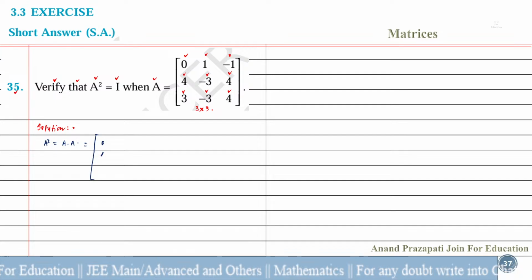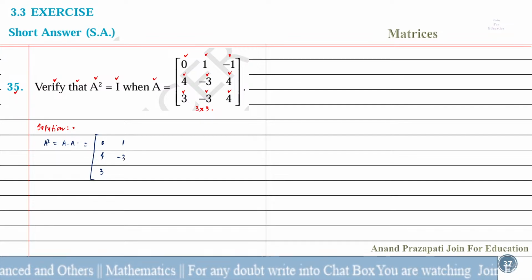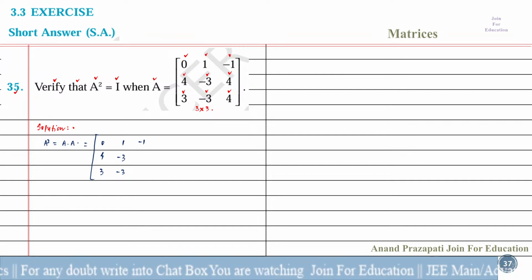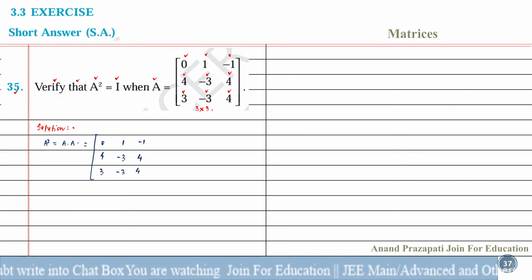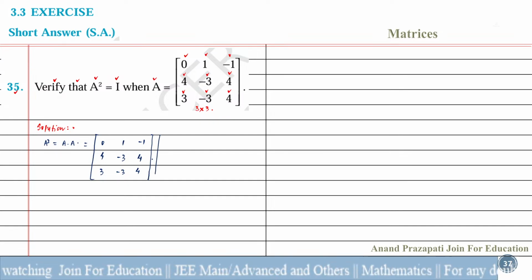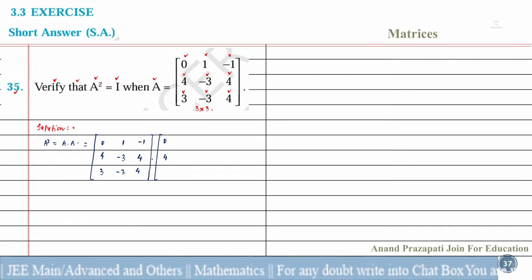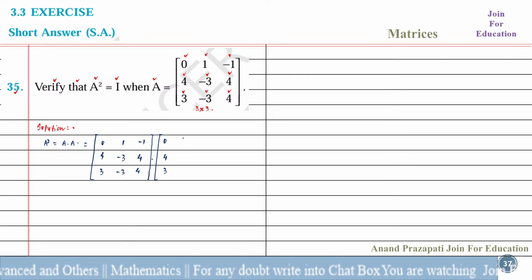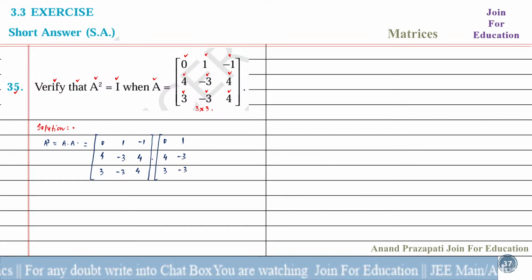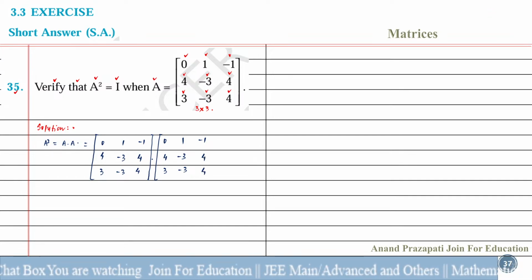we write down here 0, 4, 3, 1, minus 3, minus 3, minus 1, 4, 4, into, we write down here again 0, 4, 3, 1, minus 3, minus 3, minus 1, 4, and this is the 4.